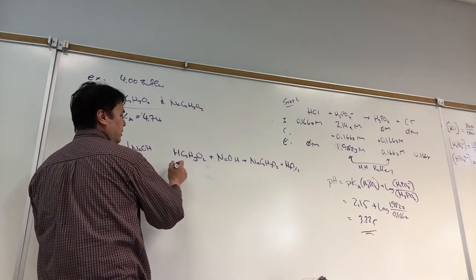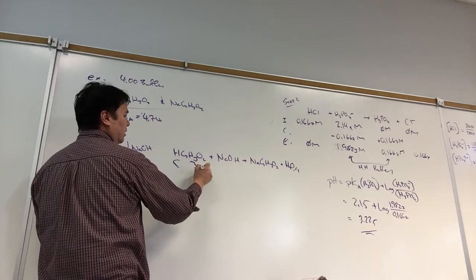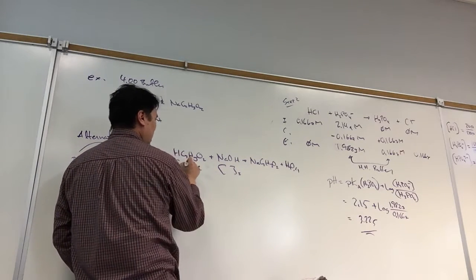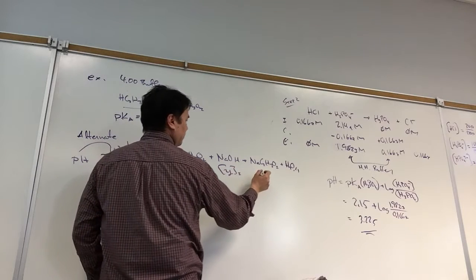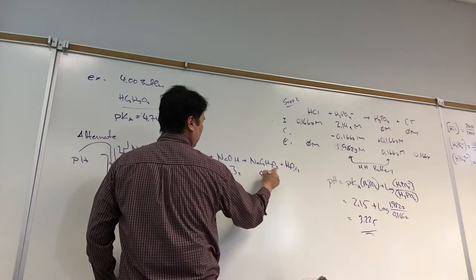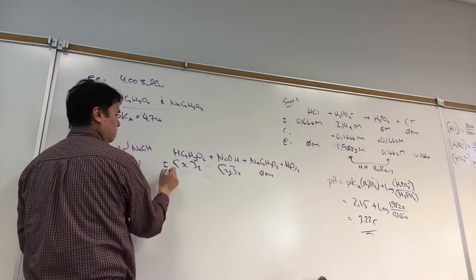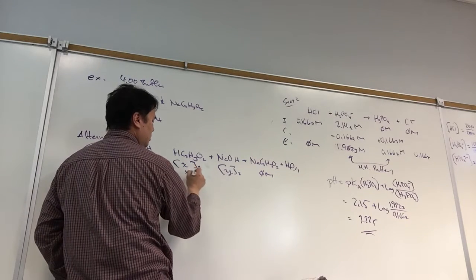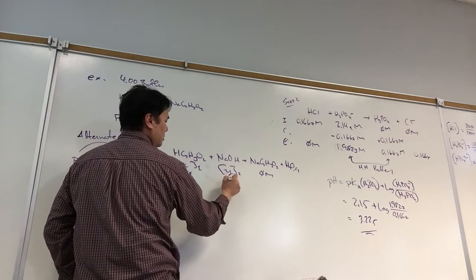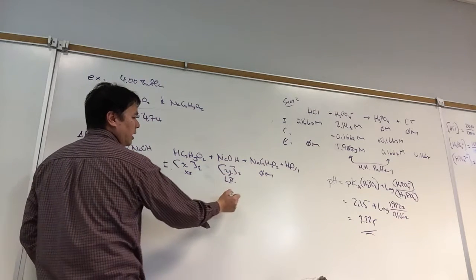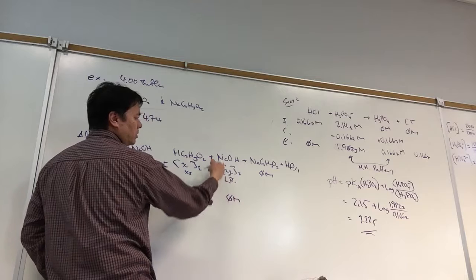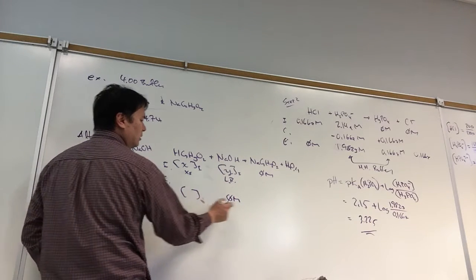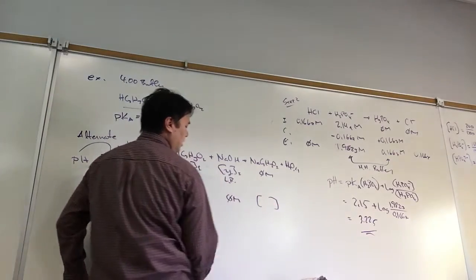And so what we do is we have the initial amount here, which we'll call X, and the initial amount here, which we'll call Y, and then 0 here. And we'll make sure that this is the excess reagent and this is the limiting reagent. Therefore, at the end, there's 0 molar sodium hydroxide, and we have some amount here at the end, and some amount here at the end.